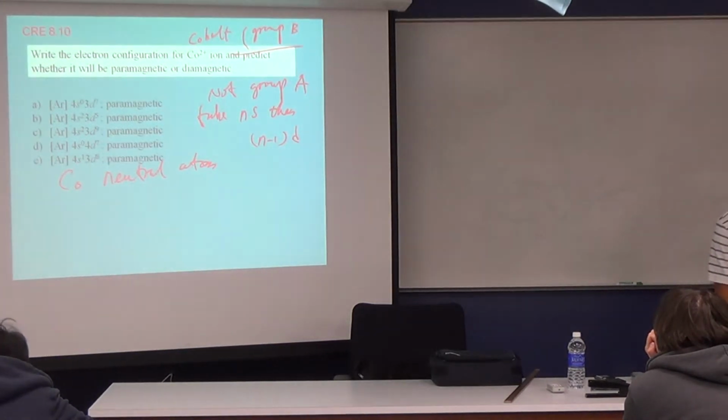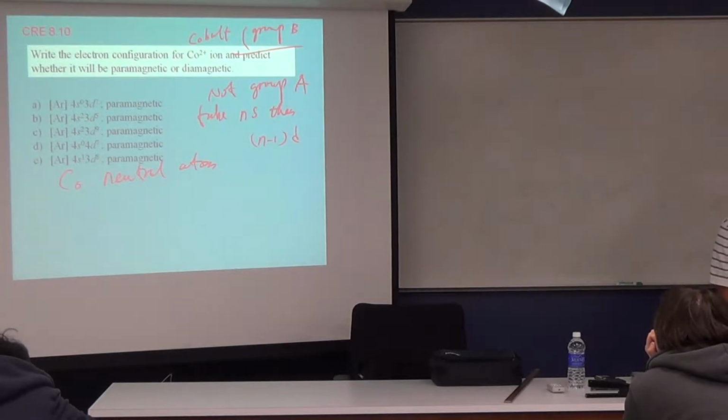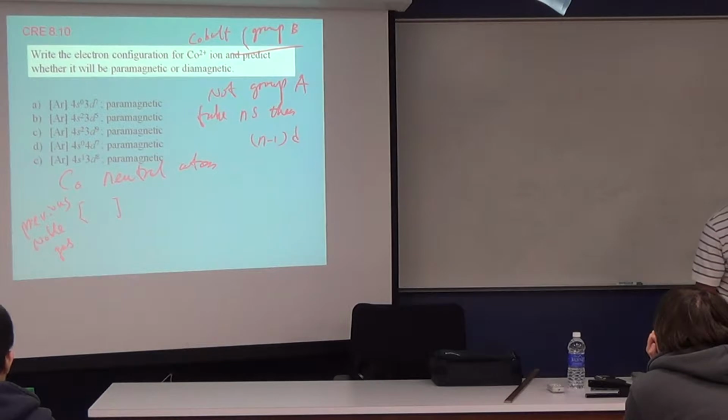Now again, let's see the electron configuration for the Co neutral atom. So we have 27, right? Let's start from the condensed notation. So use the previous noble gas, and then plus what's beyond the noble gas. What is the previous noble gas for cobalt?